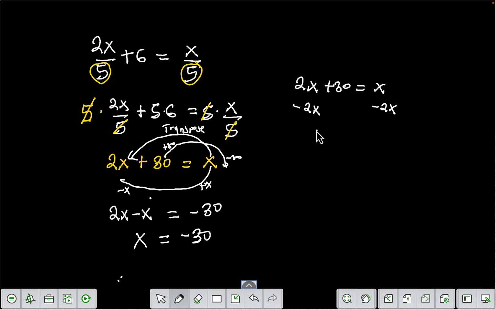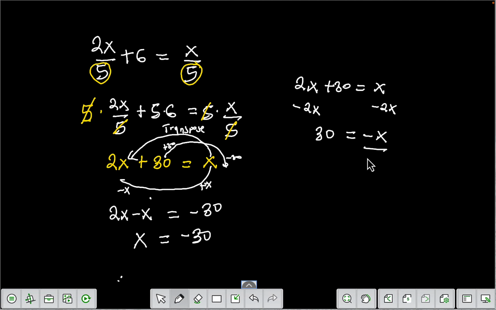This is going to give us 30, right? 2x minus 2x is 0, so 30 equals x minus 2x, which will give you negative x. Again, what we want is x, not negative x, so we can apply the division property of equality. We've mentioned that in our previous videos. I will link that up here so that you can have a look at it.